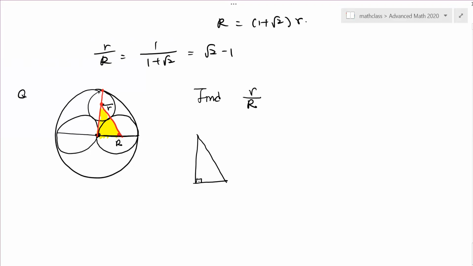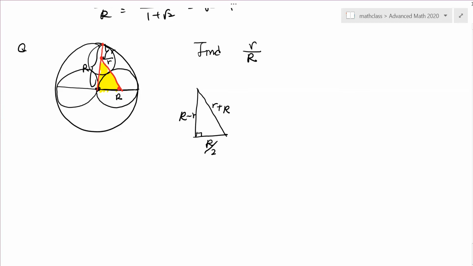Okay. This side will be half of R, right? This side will be little r plus capital R, right? Then how about the other side? The other side will be R minus little r, because from here to here is a capital R, and from here to here is a little r. So the difference will be this. As long as you express three sides in terms of capital letter R, then you apply the Pythagorean theorem.